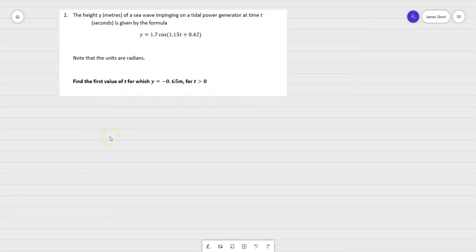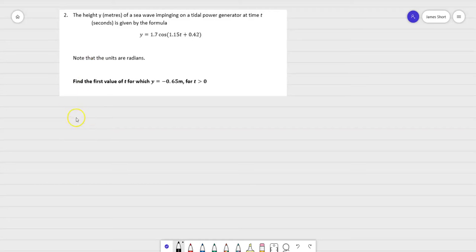Okay, so this is a straightforward question once you know what to do and where to start, and we're just going to solve this like we have all the other examples. First thing to do is replace this y with the y that we're interested in, minus 0.65.